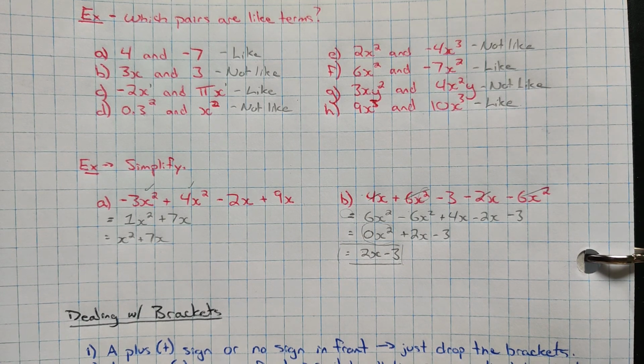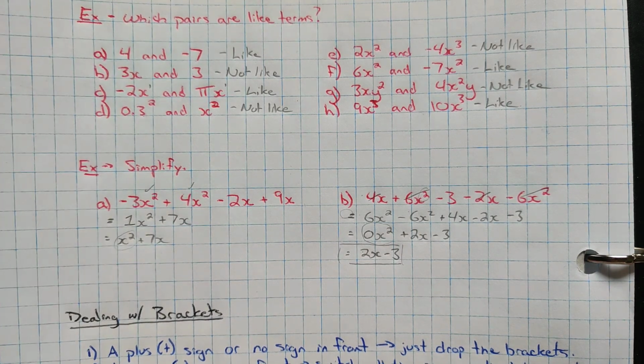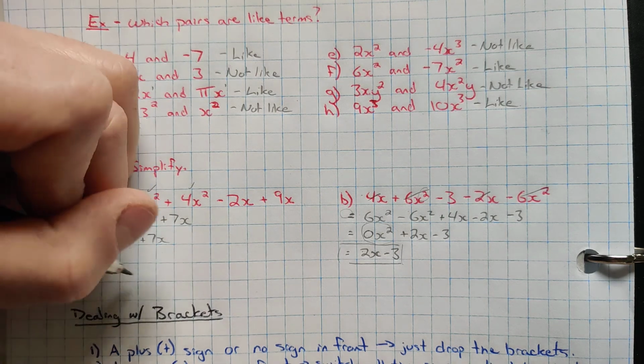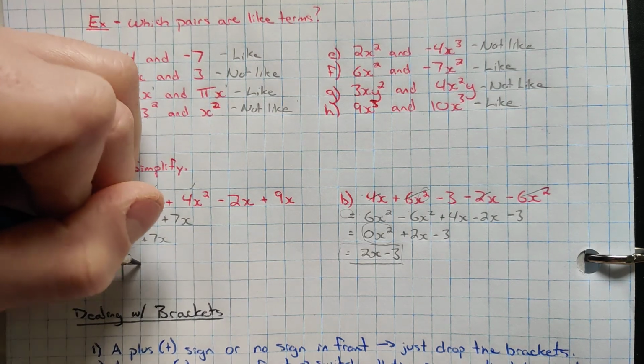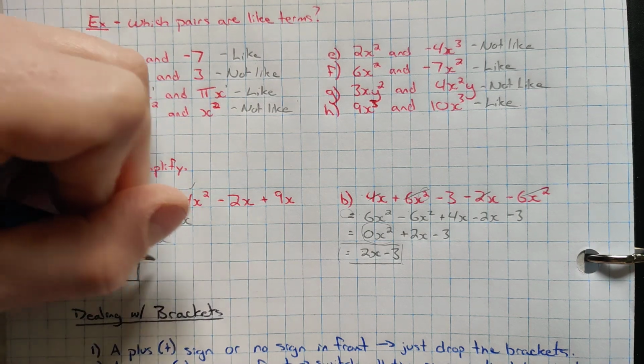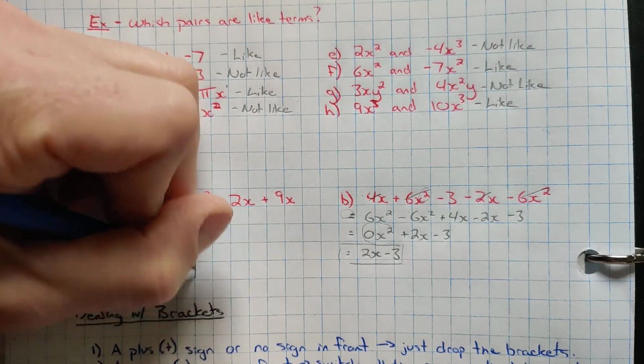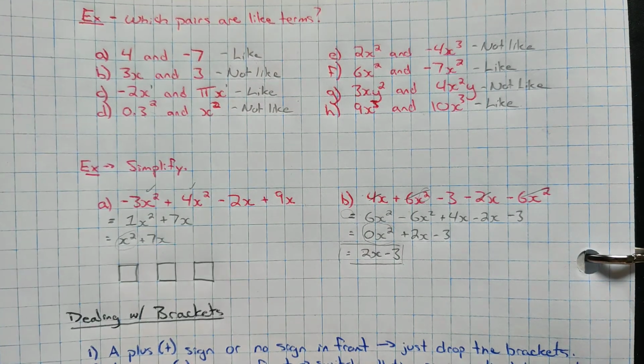Now, in terms of why this actually works, it's sometimes good to think of these. We use the term x squared here, and when we talk about an x squared, we can actually think of a square. So this is three x squareds.